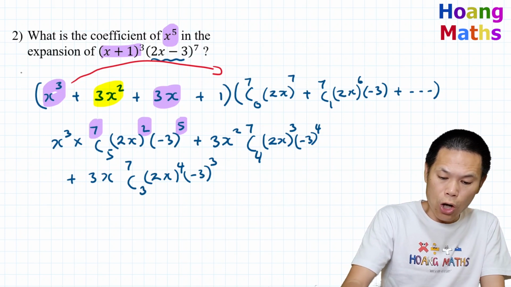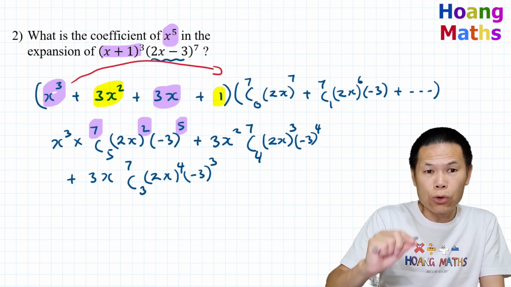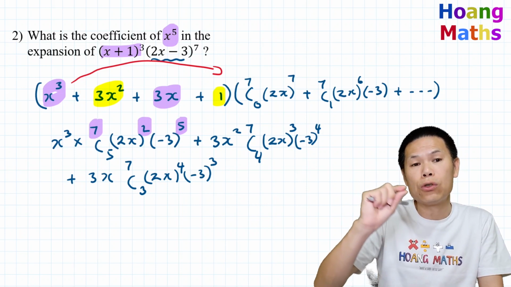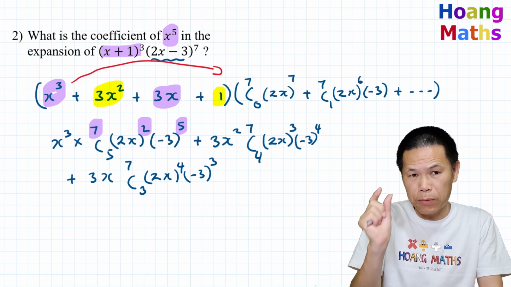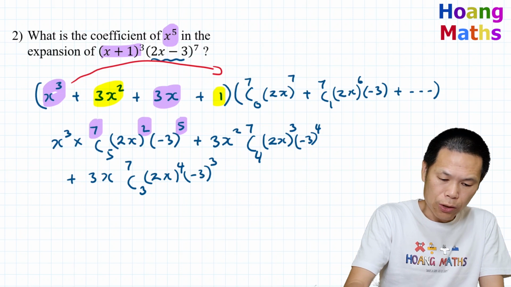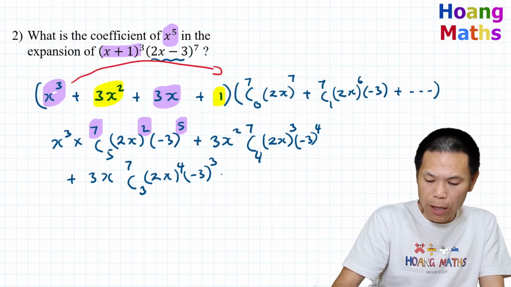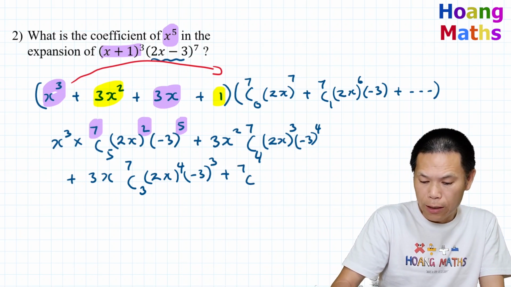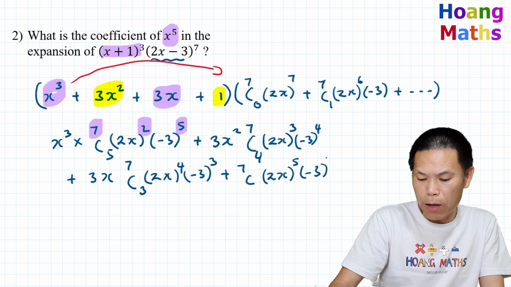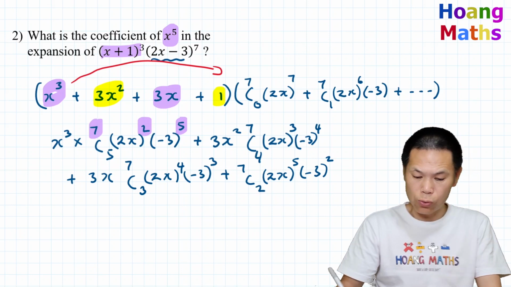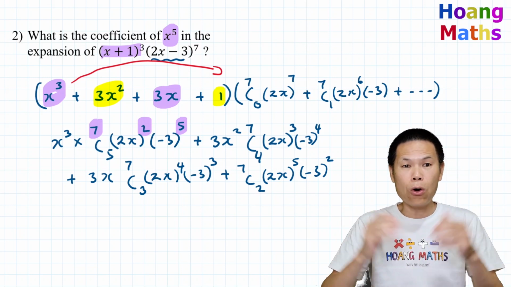Then if we use a constant, that is 1, to get x to the power 5 we need to times 1 with the term that has x power 5. So that is plus 1 times, and 1 times any number equals itself, so I just write 7c, (2x) power 5. Therefore, negative 3 must be power 2, so that may be c2. So that's it, all worked out.